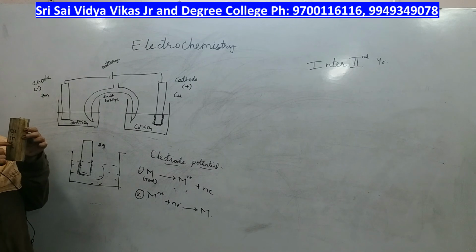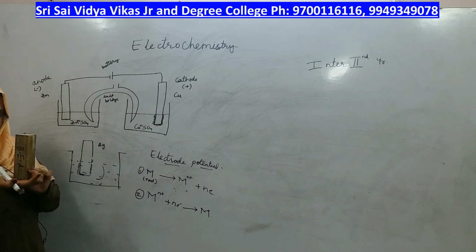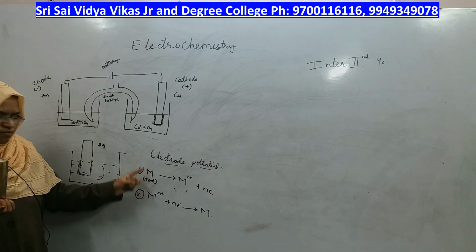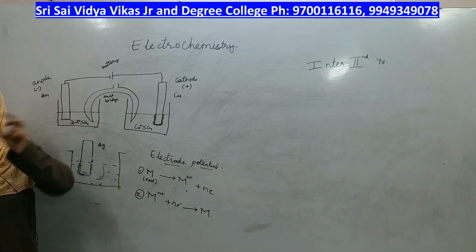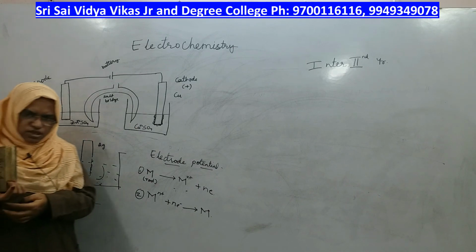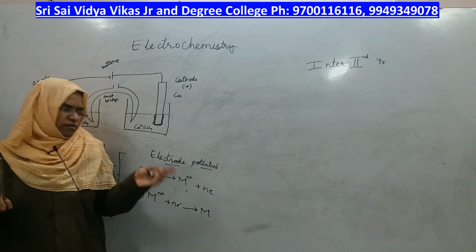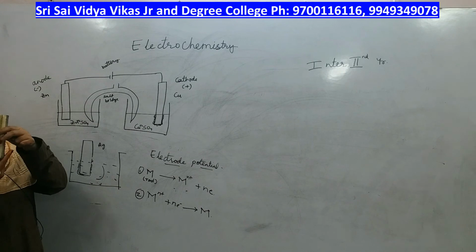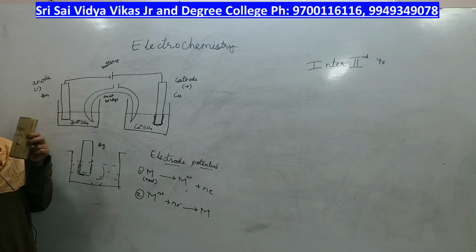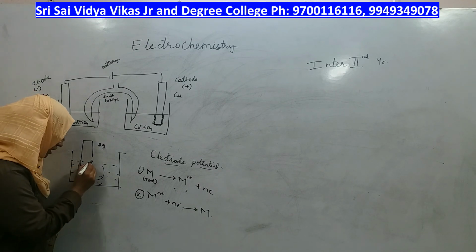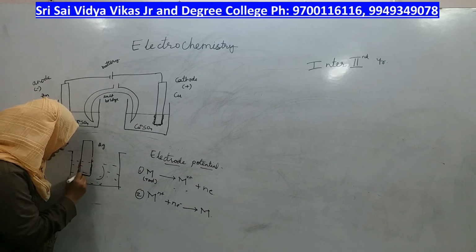Whichever part is in contact with the water, those atoms only have these possibilities. Deep inside, silver atoms or any metal atoms are not in contact with the solution, therefore the possibilities are not present for the deep inside atoms. It is only for the surface atoms, because these surface atoms come in contact at this point.